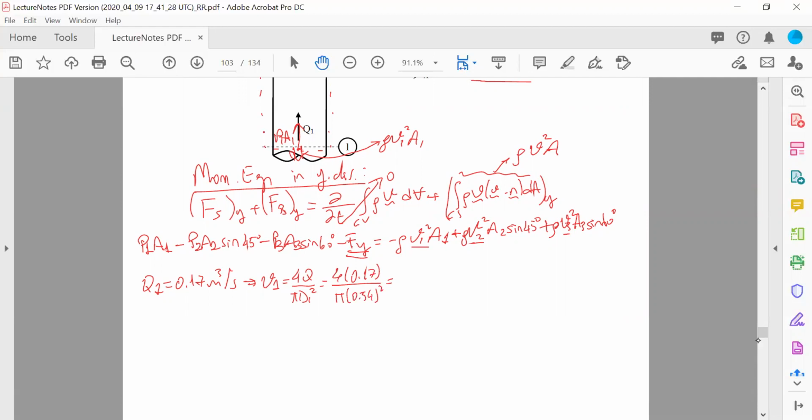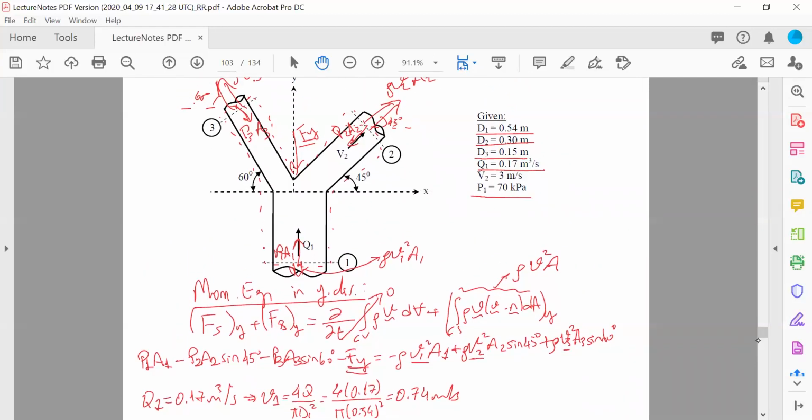This gives us V1 equals 0.74 meters per second.